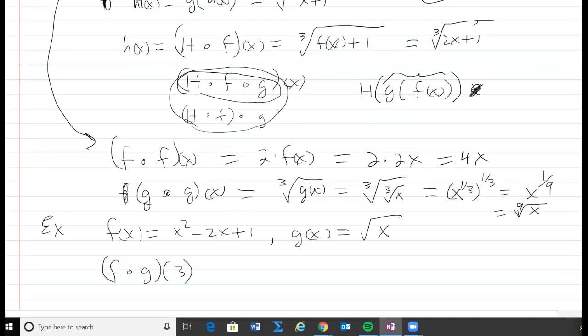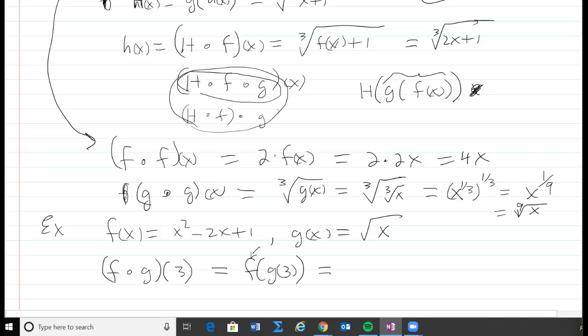What does that mean? Well, it means this. It's f of g of 3. So what we have to find is g of 3 first, and then use that as input for the function f. So you can do that in stages, or you can do it all at once.